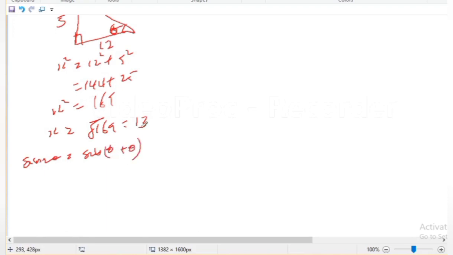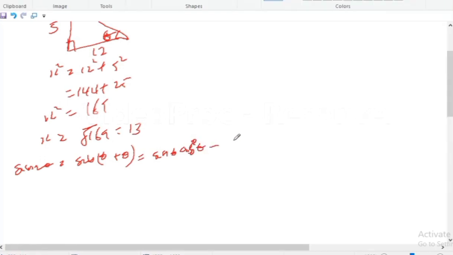So what you have here is expansion of this will give you sine theta cos theta plus cos theta sin theta. As I told you, add them together, we simply have 2 sin theta cos theta.